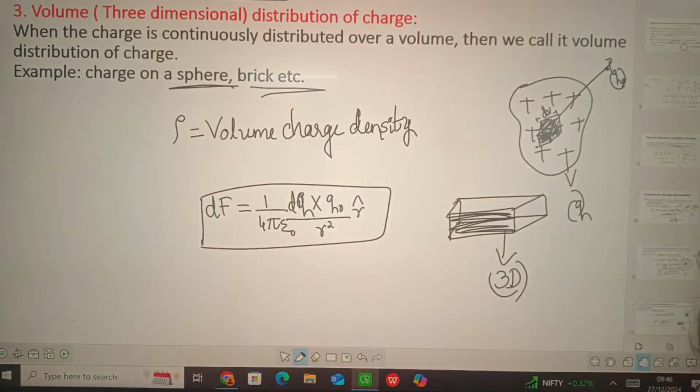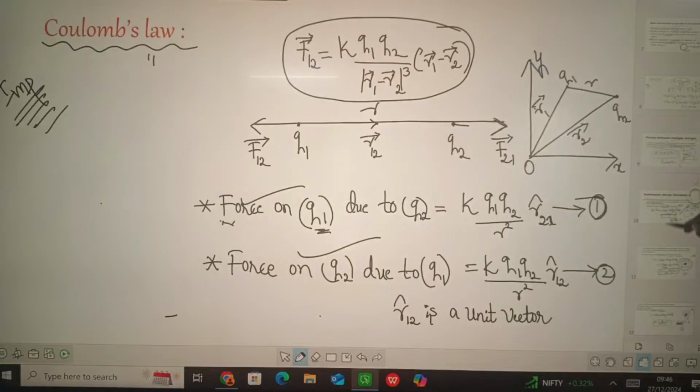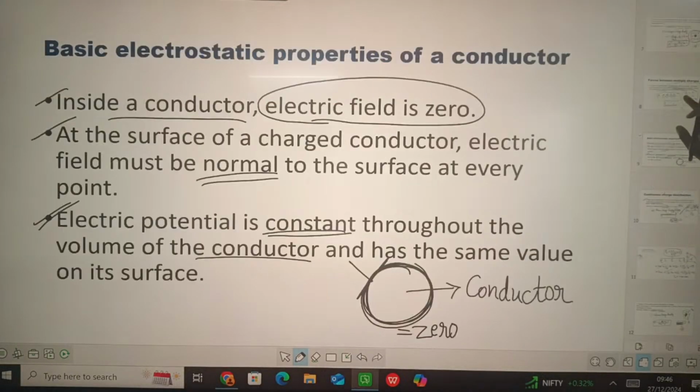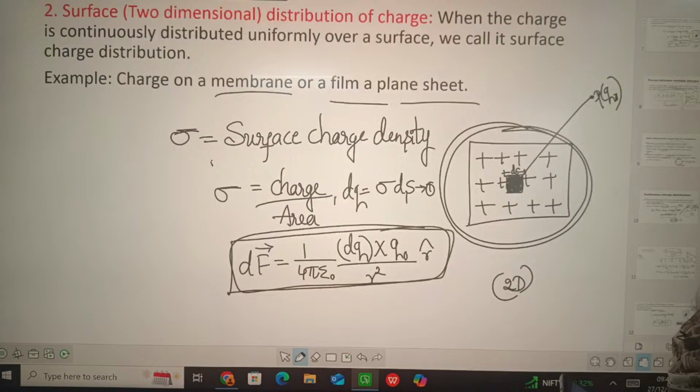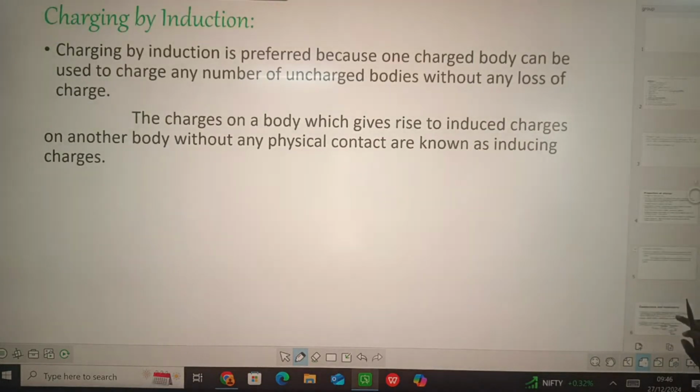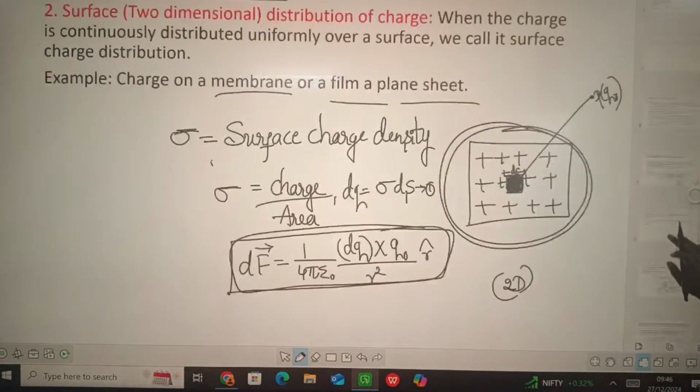In today's class we have learnt conductors and insulators and Coulomb's law.